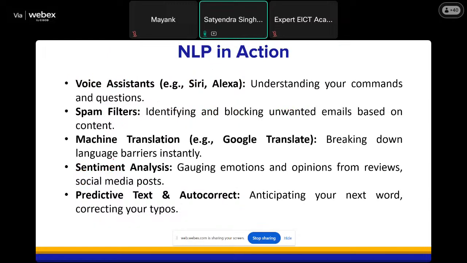There are lots of applications: voice assistants, spam filters, machine translation, where you are given one language and it converts into another, sentiment analysis, predictive text and autocorrect. Even nowadays, when you write an email in a Gmail account, Google automatically predicts the words or the sentence that you want to write.